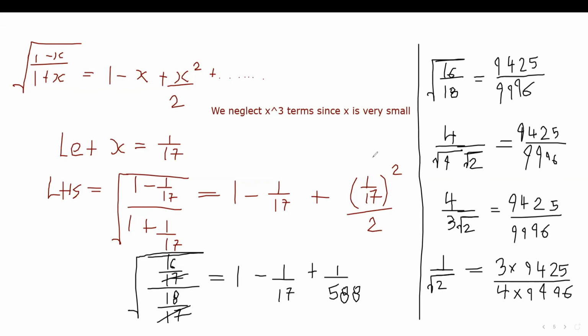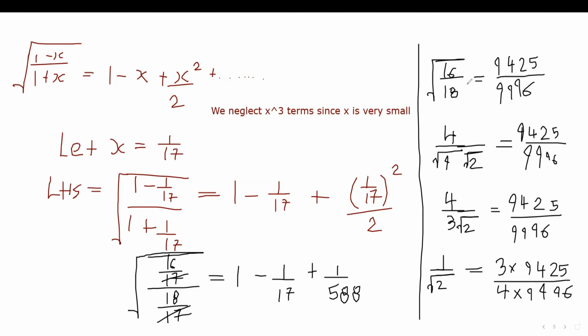1 minus 1 over 17 plus 1 over 588. Tell me if you get this fraction. Maybe I made a mistake with the fraction.